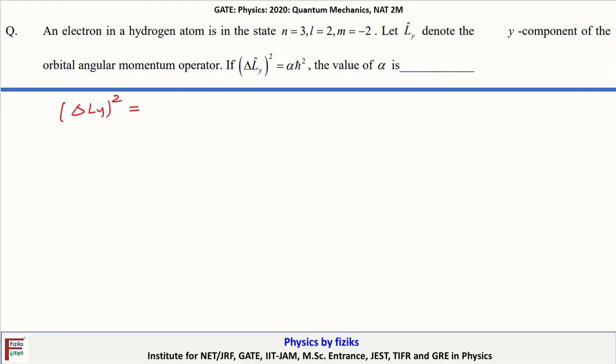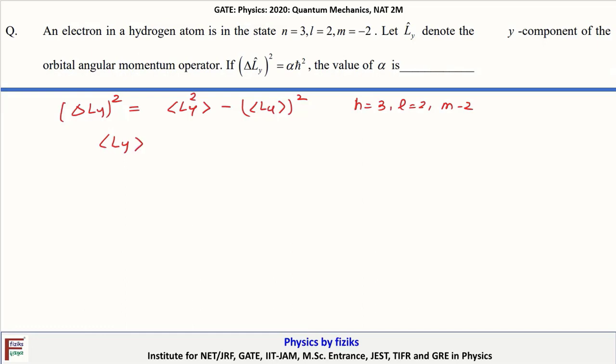Uncertainty in Ly is defined as the square root of the expectation of Ly square minus the square of the expectation of Ly. The state we have is n equals 3, l equals 2, m equals minus 2.